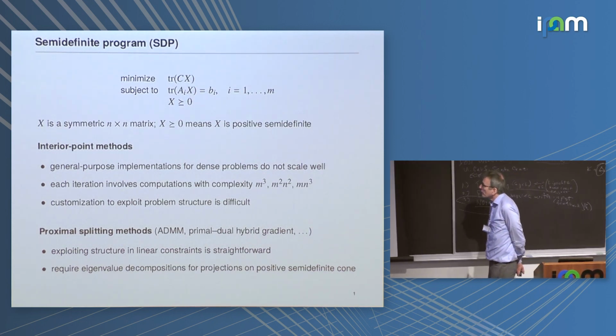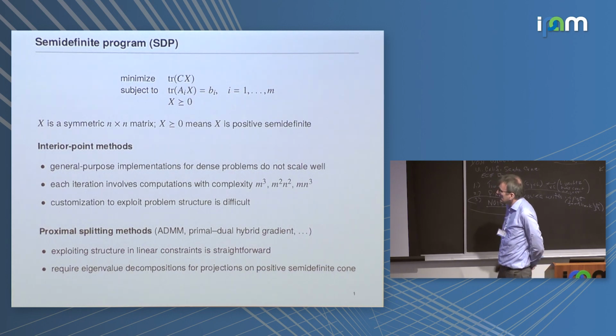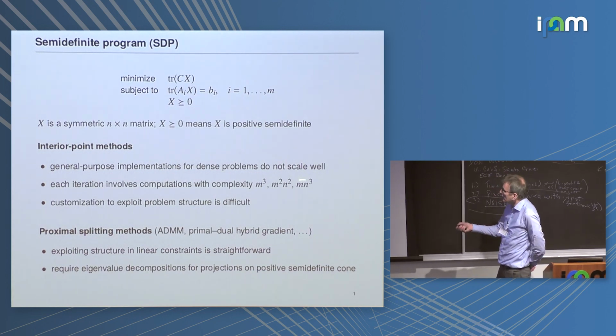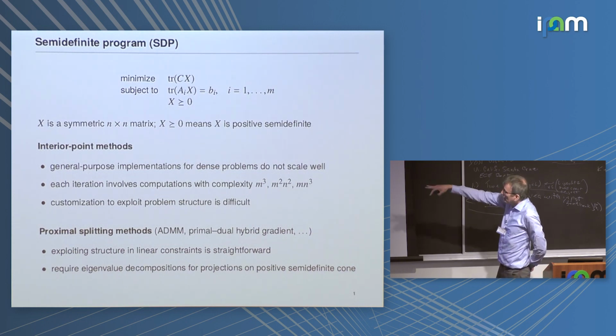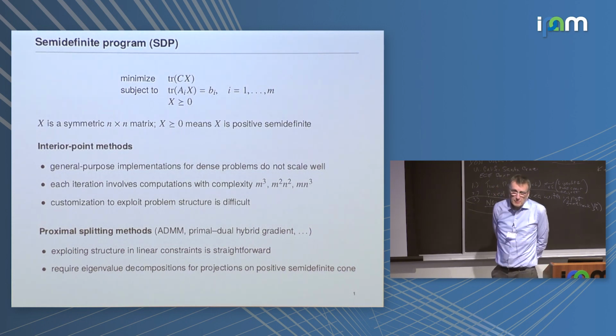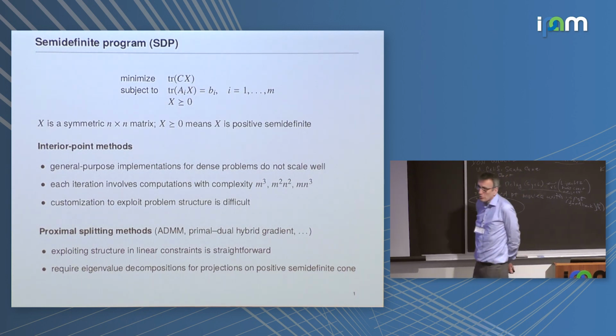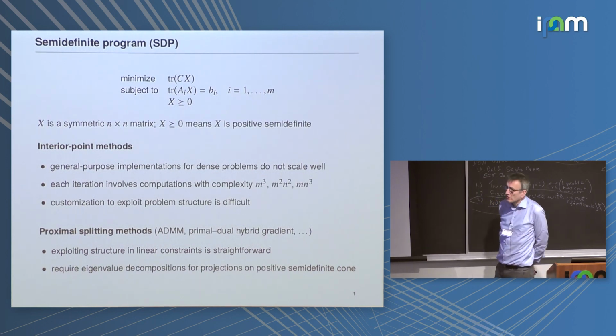And then other terms for actually constructing that set of linear equations include terms m squared n squared, mn cubed. So if m and the matrix dimension n are of the same order, it's n to the fourth. And if in the worst case m could be order n squared, then it could be n to the sixth, which is very high.